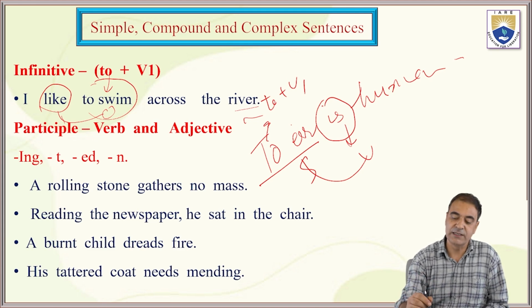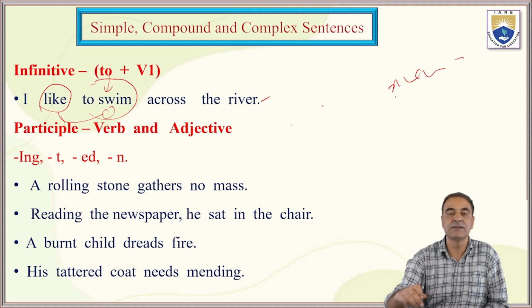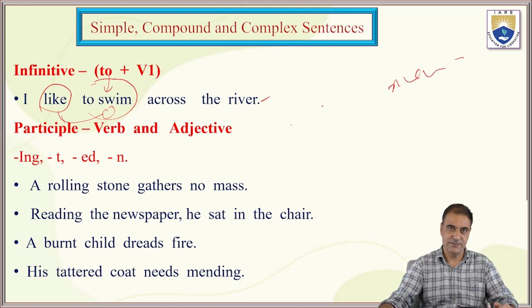That's why I told you that sometimes it acts as a subject of the main verb, sometimes it acts as an object of the main verb, or at times it acts as an object of the preposition. But the basic thing is that it doesn't show time of an action. It doesn't change if you change the number, gender, or the person of the subject, or if you change the tense of the sentence. It remains unchanged.